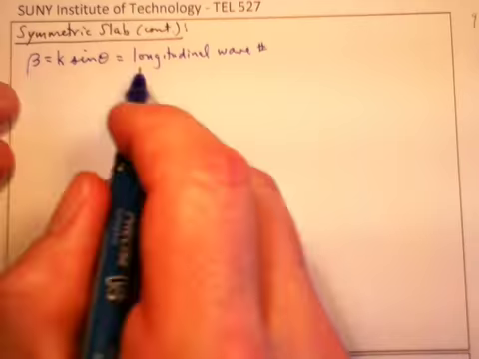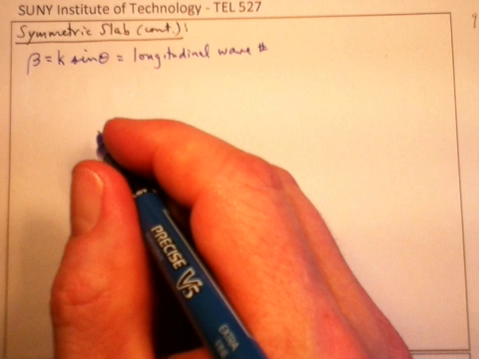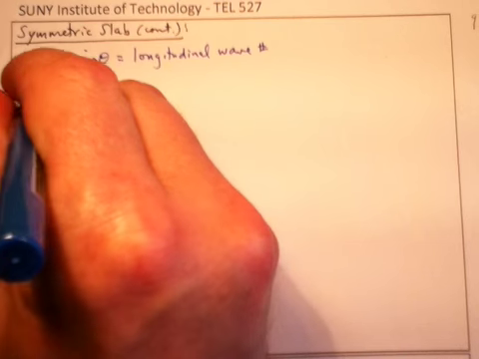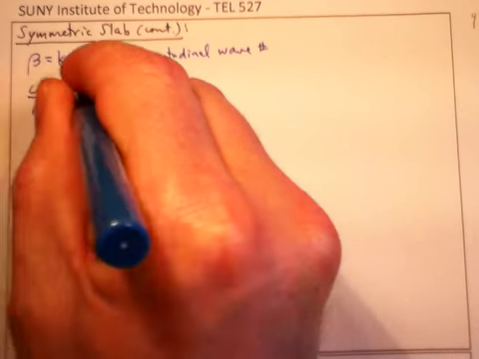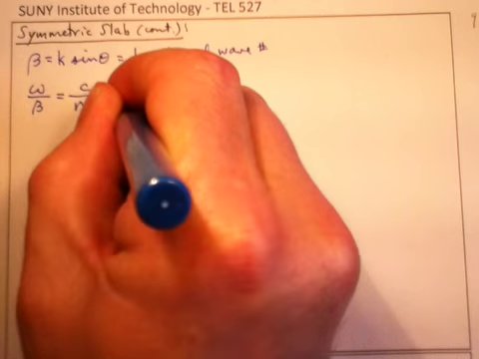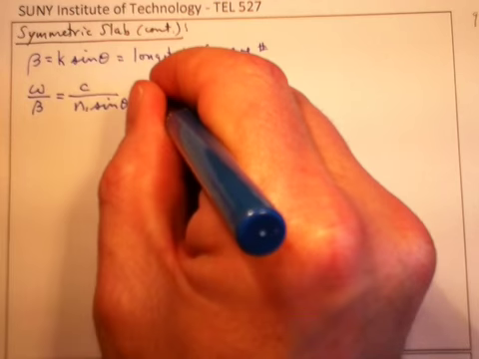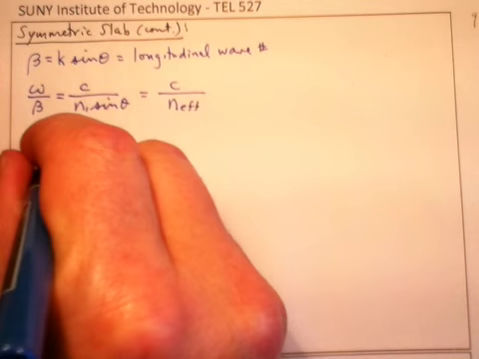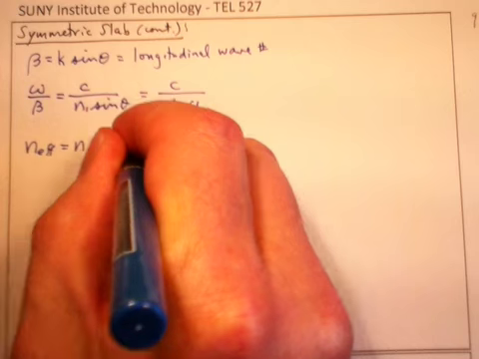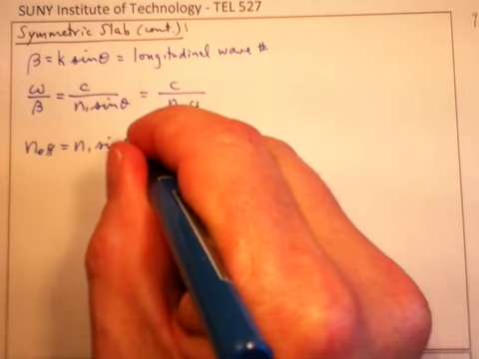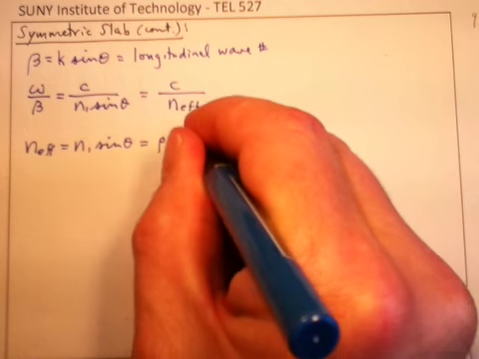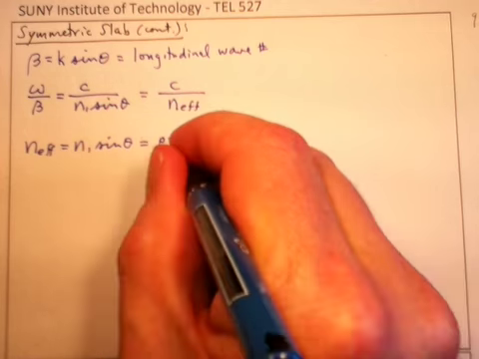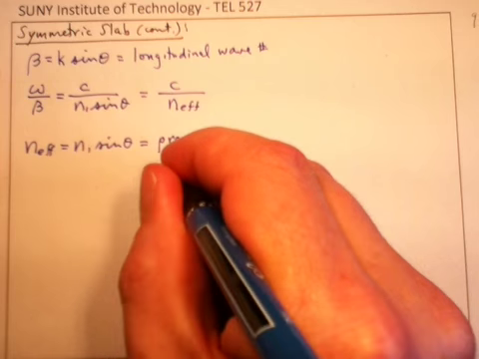And we have that omega over beta is equal to c by n1 sine theta, which is c by n effective. In other words, n effective is equal to n1 sine theta, and this is equal to the propagation speed of energy in the waveguide.